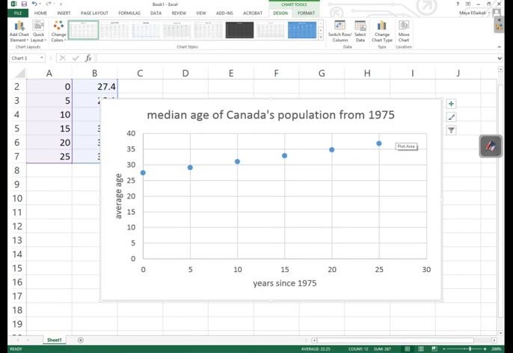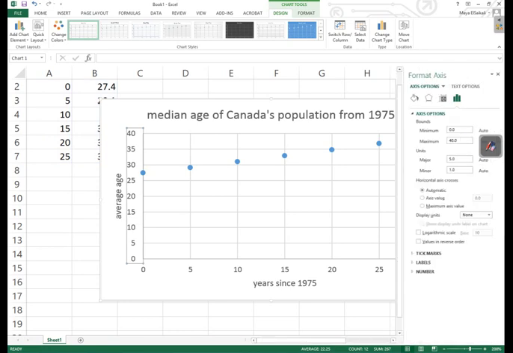But the first thing you want to do, you see how your graph is kind of pretty high up, right? So what you want to do, you want to press on your y-axis and change your scale. Make sure that you have this axis option, and then you can change your scale to a minimum of, what's my minimum here?